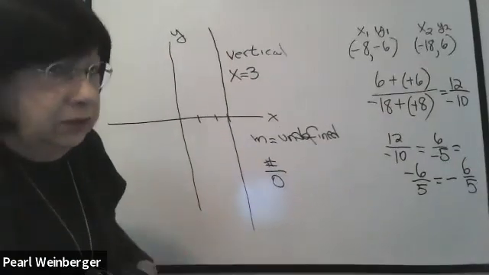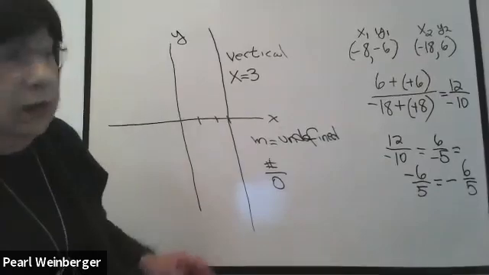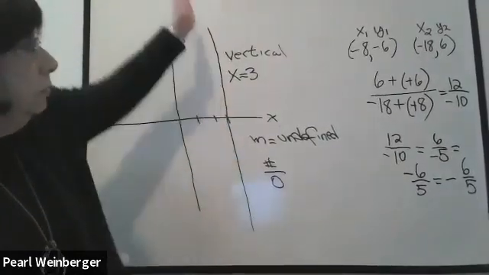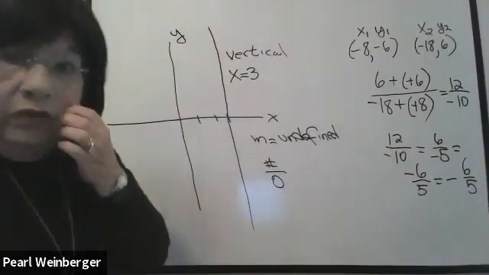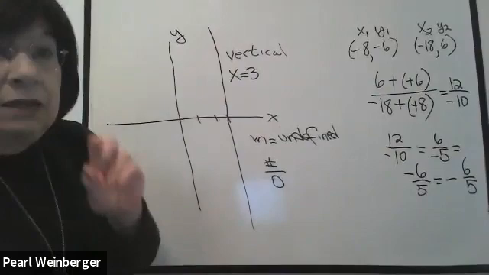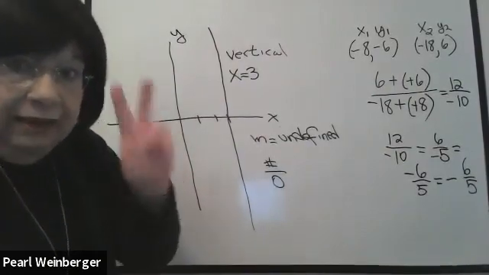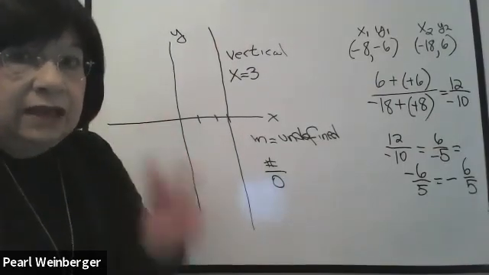So if you understand that and remember that, it's very little work. You want a horizontal line, you write y equals a number. You want a vertical line, you write x equals a number. No other variable. Any equation that has both an x and a y is a slant line.